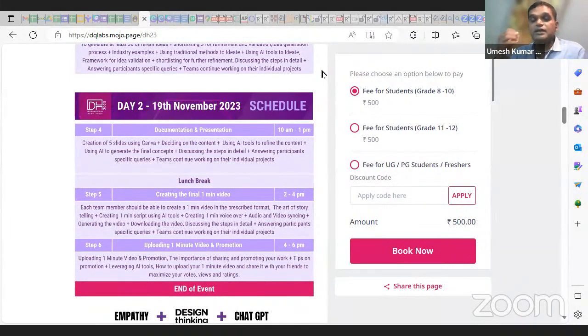Similarly, for compiling the slides, we will have small workshops, small steps that will teach you how to create the Canva document, how to compile them, how to add music, how to record your own voice, and how to create the entire video under a minute.